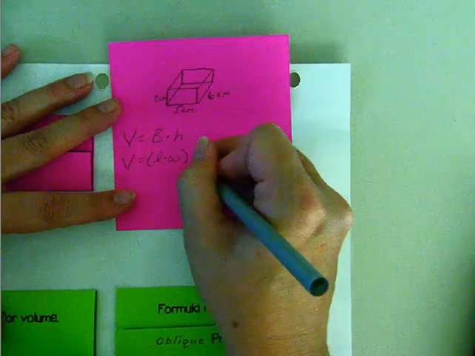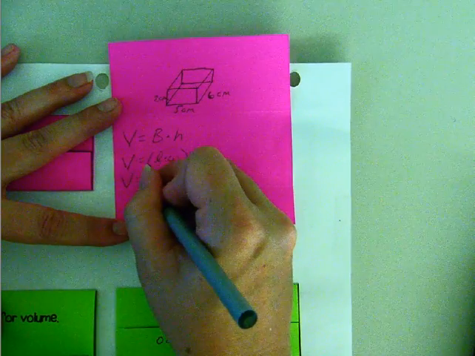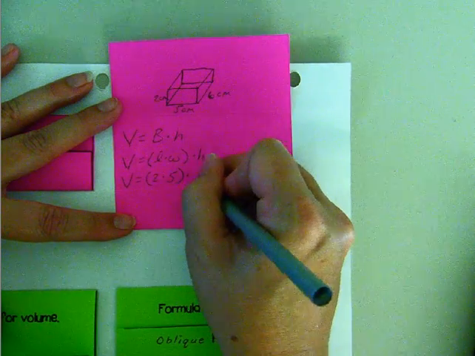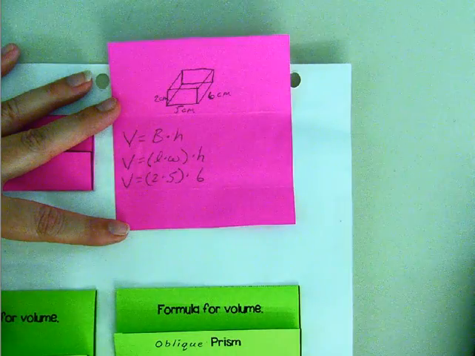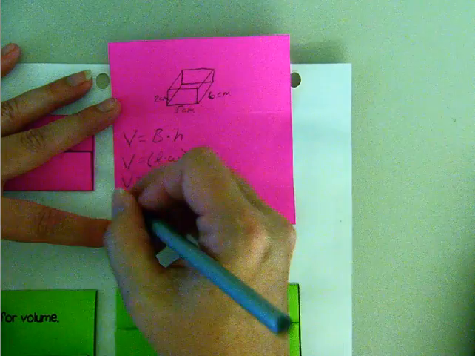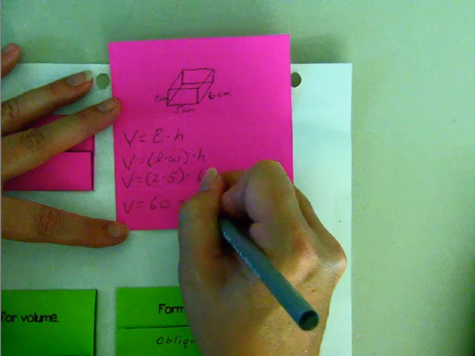I'm just going to write that here, times our height. So V equals 2 times 5 times 6. 2 times 5 times 6 gives us 60. So volume equals 60 centimeters cubed.